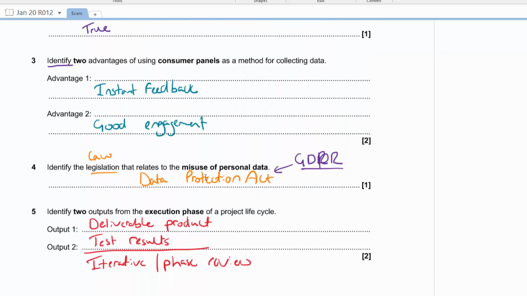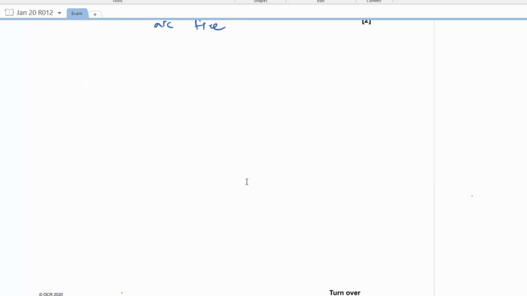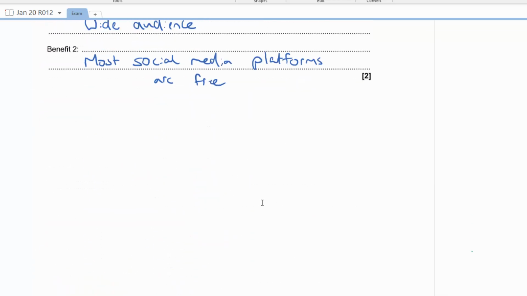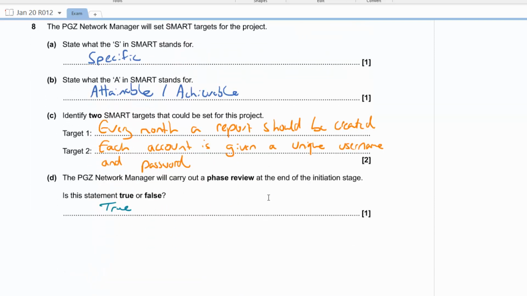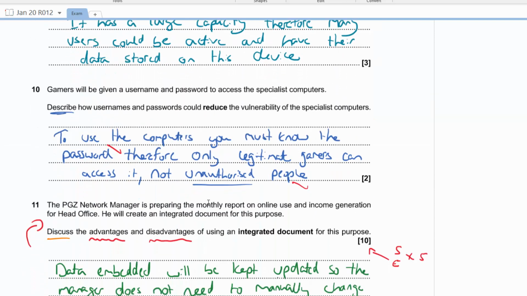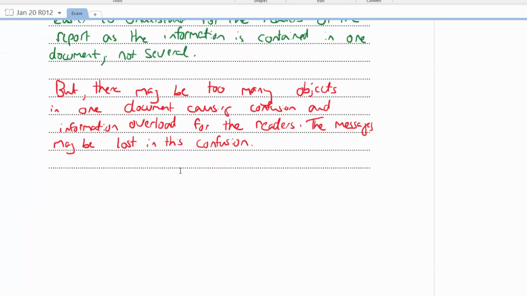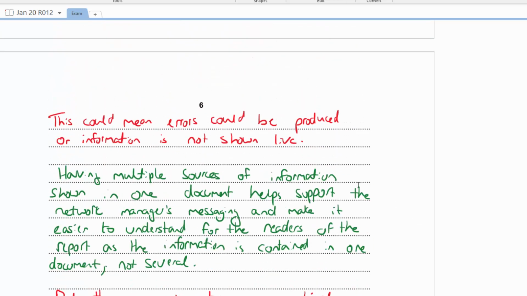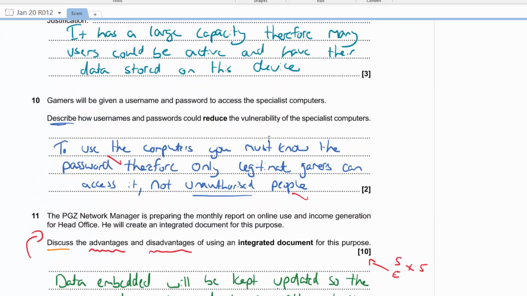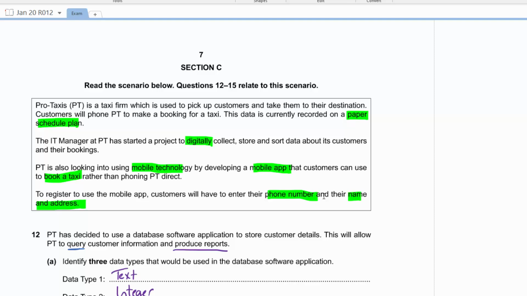Check you've answered the question, check you have linked it to the scenario where I asked you to, because you don't want to drop marks for just silly mistakes. So make sure you're checking every single answer before you close your paper and relax. Ideally you check it several times, and why not add on to longer mark questions, or add on if you're not quite sure, because why not if you've got spare time at the end.